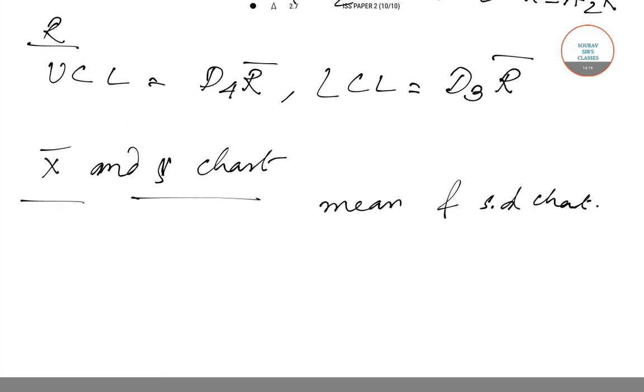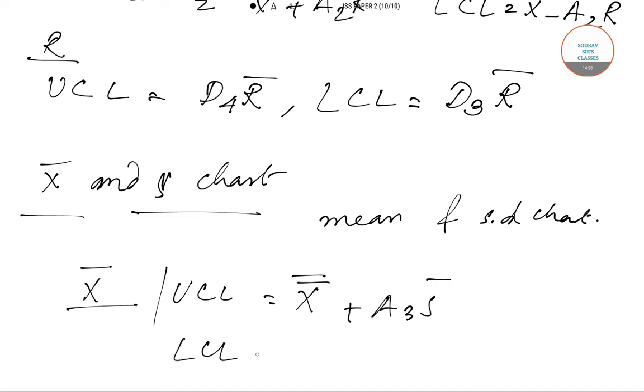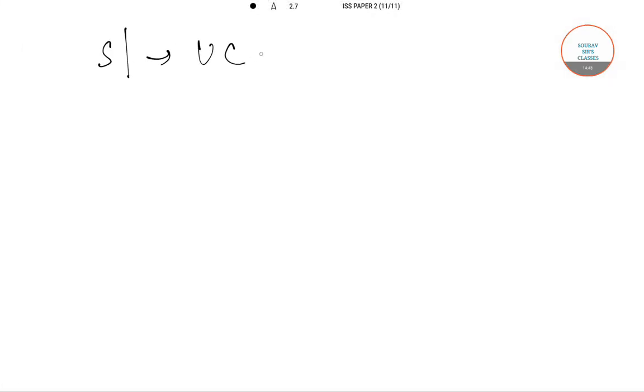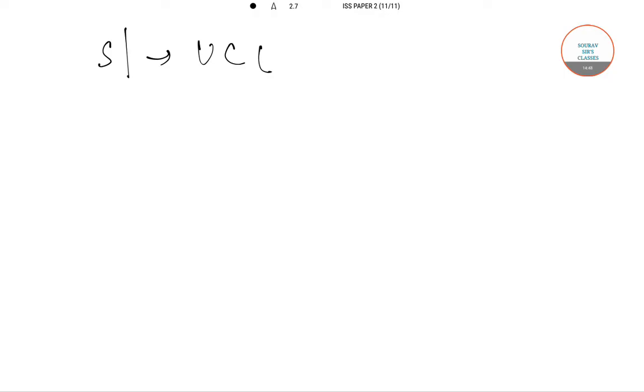So here for X bar chart, UCL is equal to X double bar plus A3 S bar, and LCL equals X double bar minus A3 S bar. And for S chart, UCL is equal to B4 S bar and LCL equals B3 S bar.